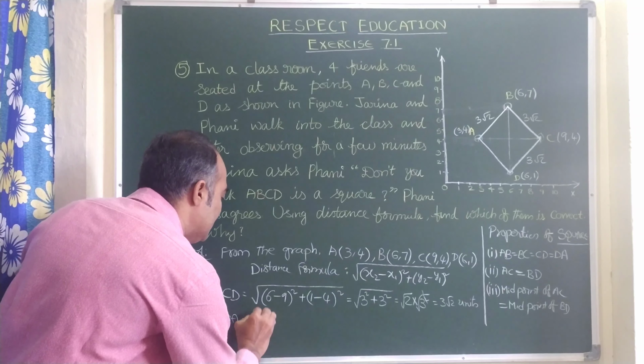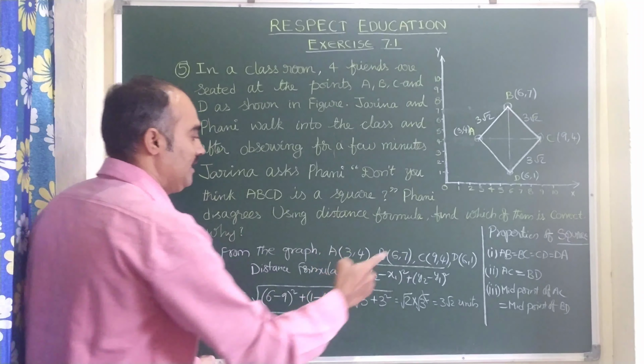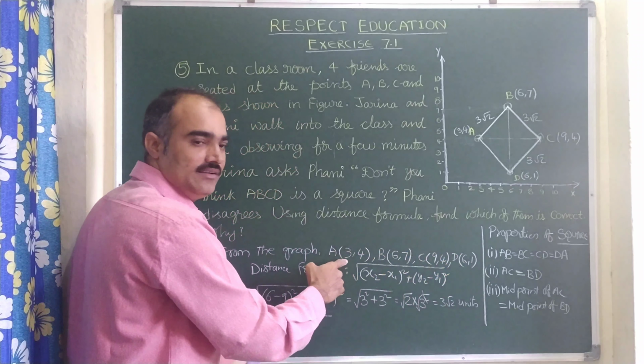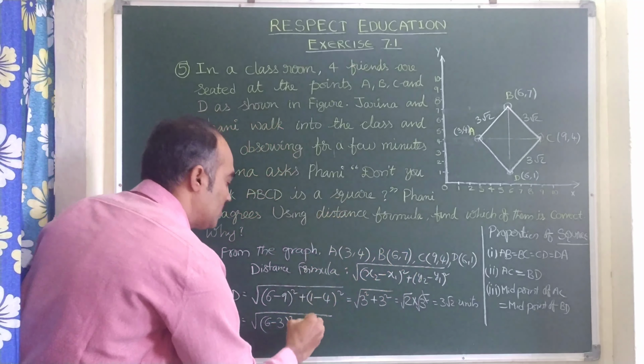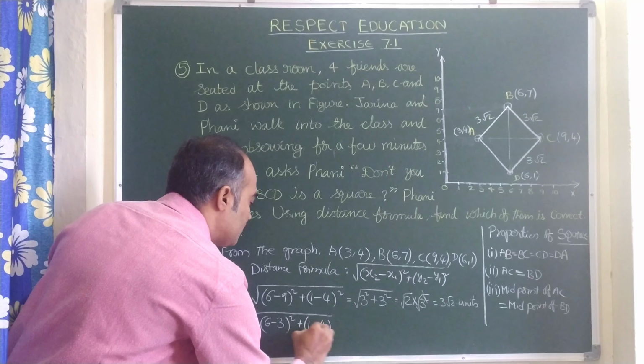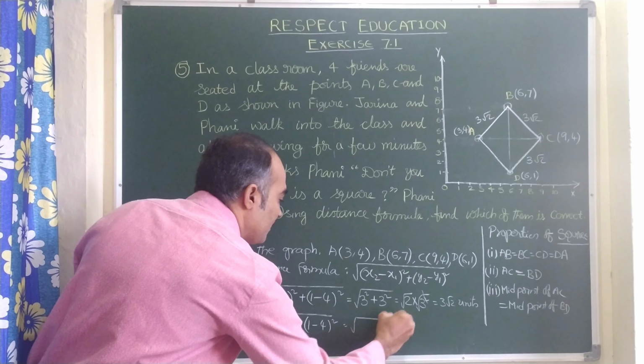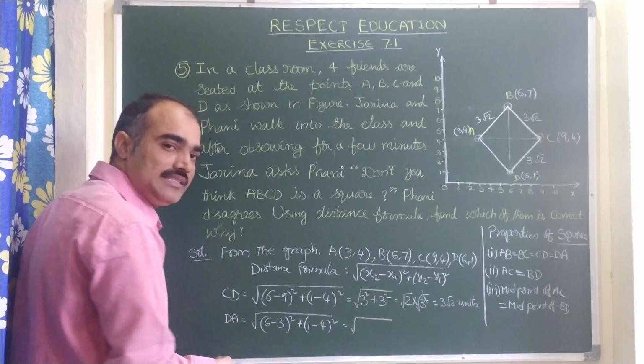So DA is equal to under root. See D and A. 6 minus 3 whole square plus 1 minus 4 whole square. This is 6 minus 3 is 3.